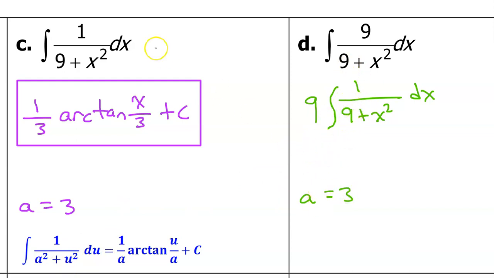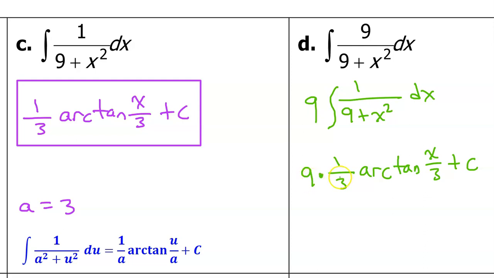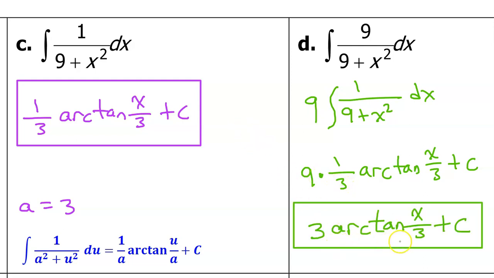So we can go ahead and begin to write the answer, which will be 1 over a. So we will have 1 over 3 arctangent u over a, which in this case is just x over 3, plus c. Don't forget about the 9 in the front. 9 times 1/3 is 3. It's the same as 9 divided by 3. So here's your final answer for part D.